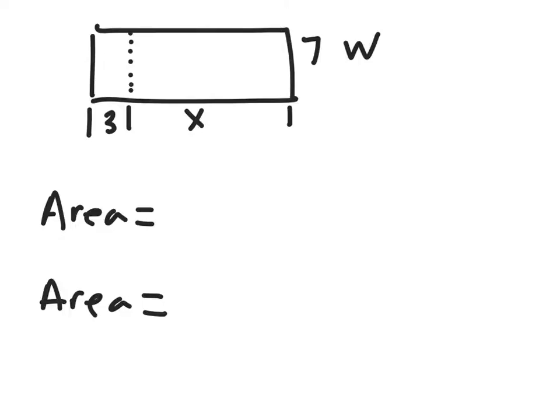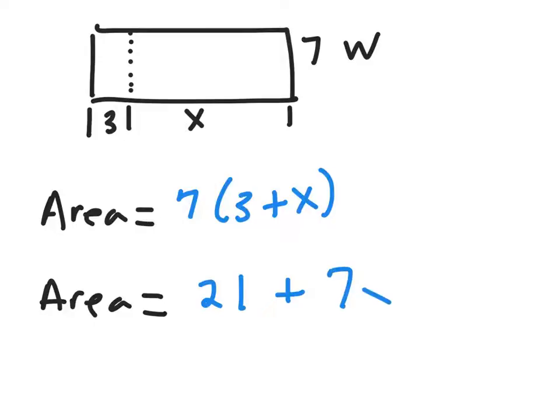Now for this example, the width is 7 and the length is 3 plus x, and I could write this two different ways. I could write 7 times 3 plus x. I could also write 21 plus 7x.